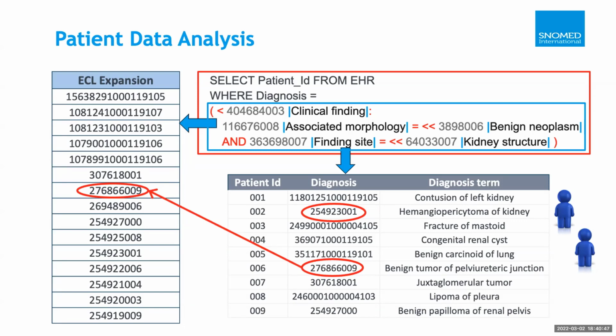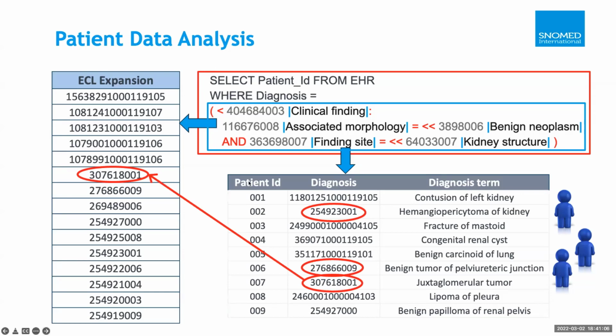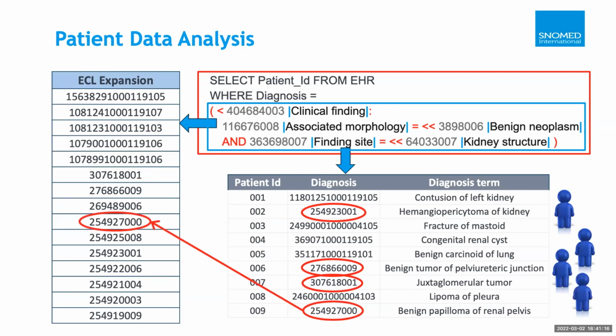If some of you are clinicians, you can correct me, please. I'm happy to do that. But again, patient number 7 here matches also on a diagnosis code that is found also in the expansion. It's a juxtaglomerular, I can't pronounce it, but it's this disorder here, some form of tumor. I did actually try yesterday to sit and pronounce it, but that was yesterday.